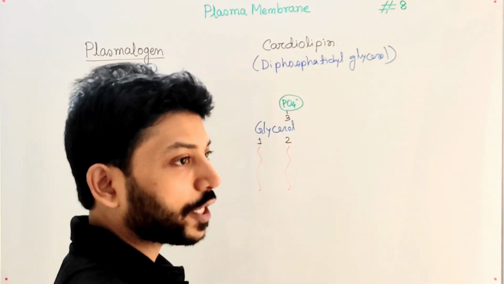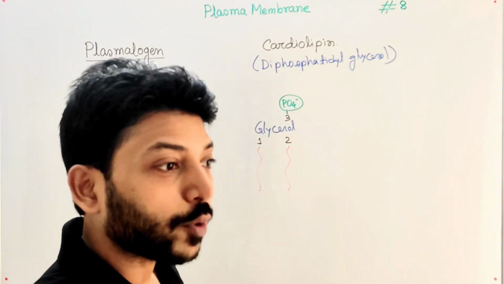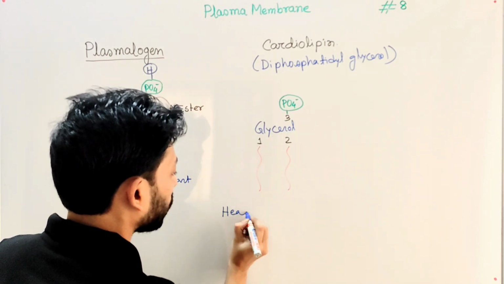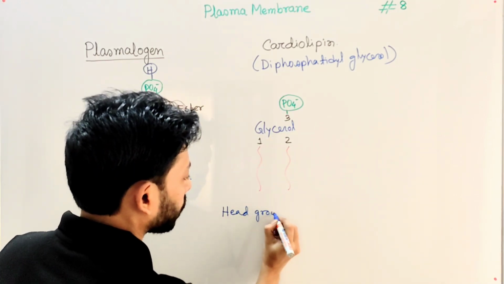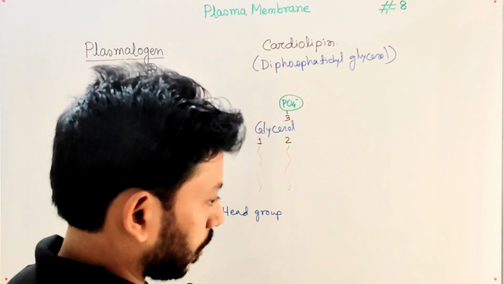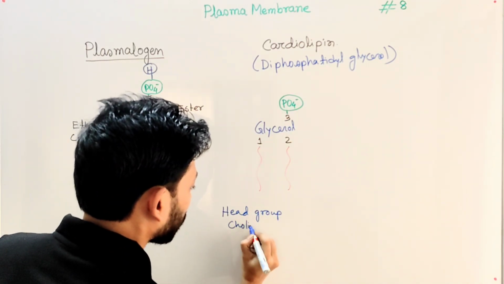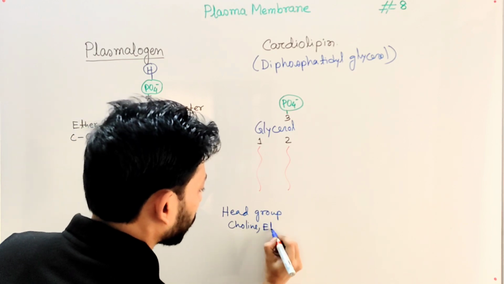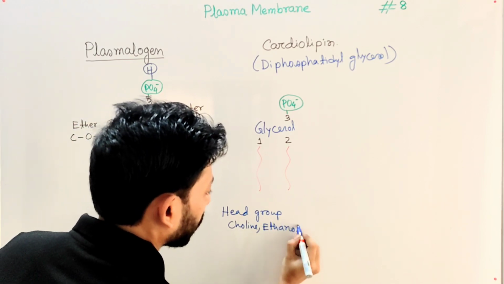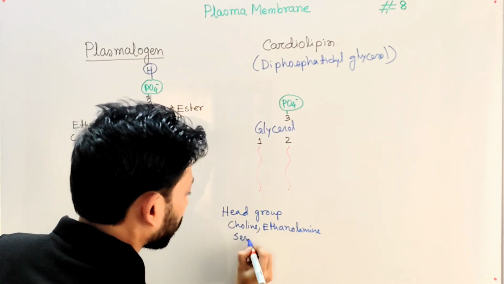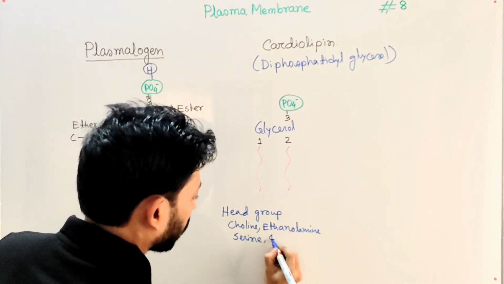The name of the head group determines the name of the phosphoglyceride. Like I mentioned, the head group of phosphoglycerides could be choline, ethanolamine, serine or inositol.